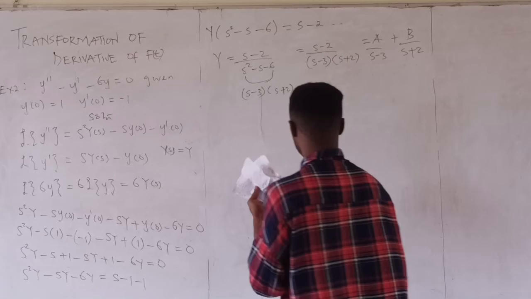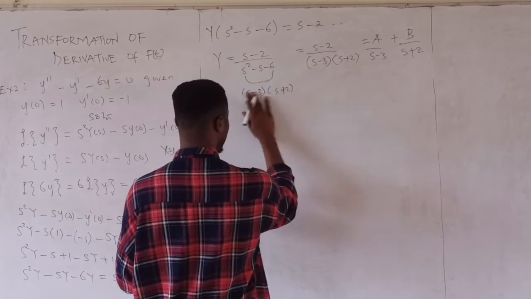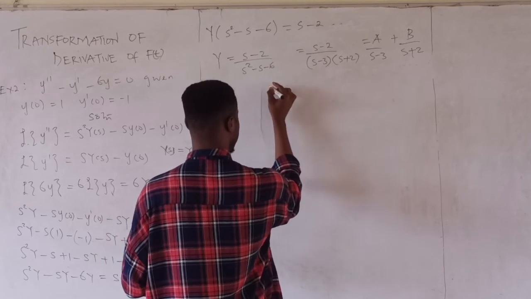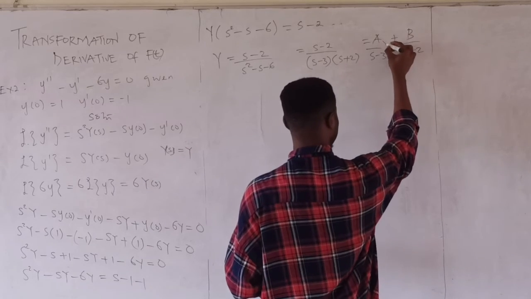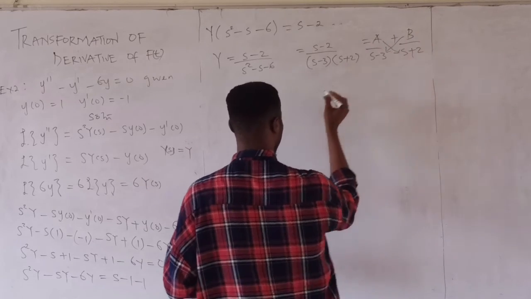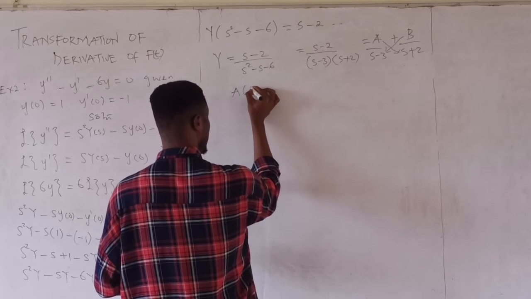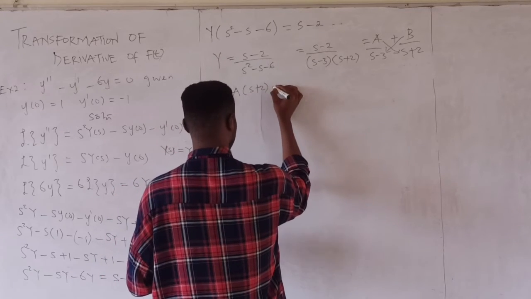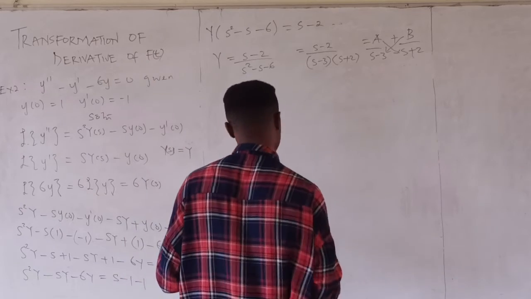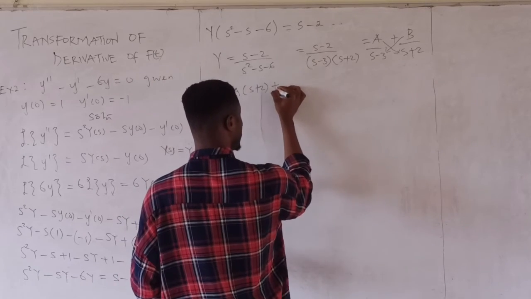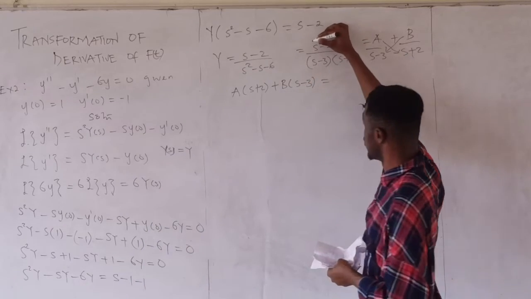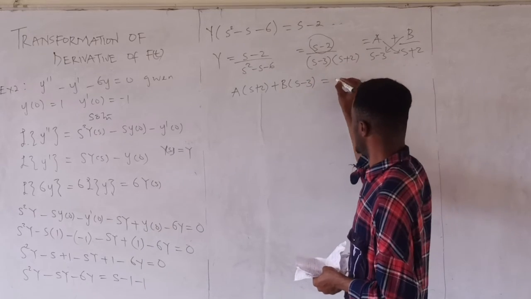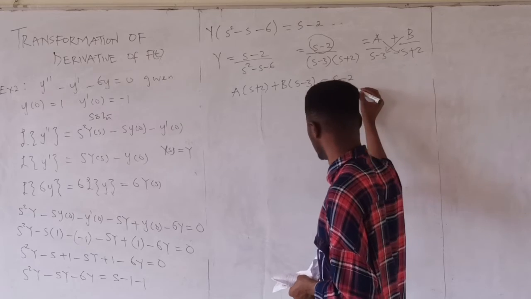So since you have gotten that, the next thing you are going to do is to first of all multiply this by this and multiply this by this, right? So we have A into s plus 2 and B into s minus 3, right? Which is equal to the numerator of this function, which is s minus 2.